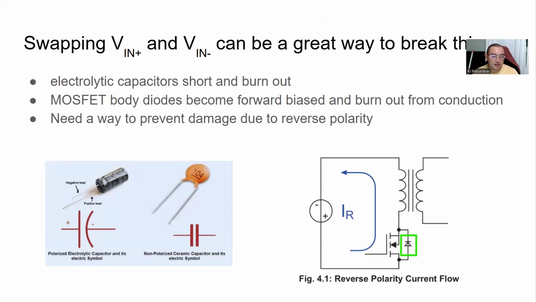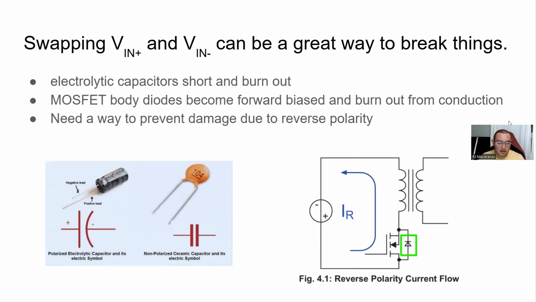And so reversing Vin plus and Vin minus is a really easy way to break things. Just for example, we've got electrolytic capacitors. These are often used as bulk capacitors, right? They have a very large amount of capacitance, so they can store a lot of energy and hold up the input voltage.